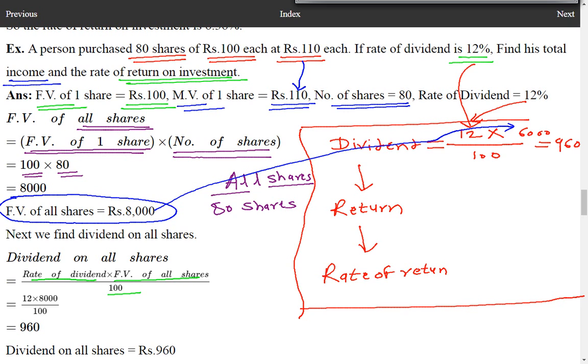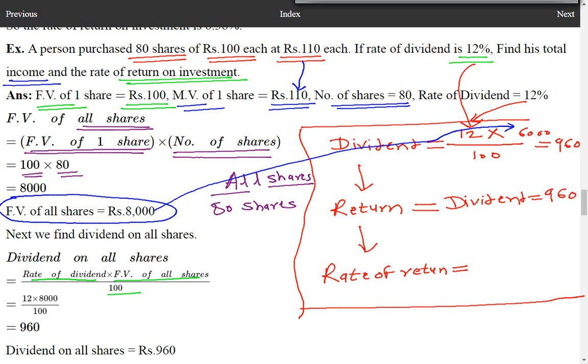So dividend is 960. Then, is there resale of shares here? There is no resale of shares. So return is equal to dividend, and that equals total income, which is 960 rupees.